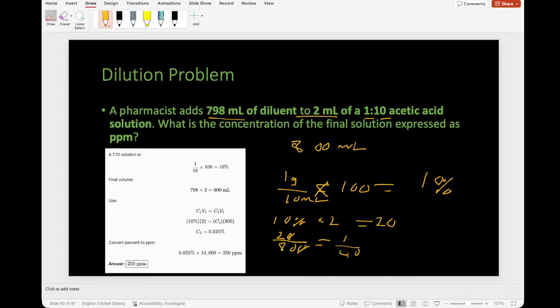So that's going to be your 1 over 40, which represents your percent there. That is 1 gram per 40 mLs in this case, multiplied by 1,000 milligrams per 1 gram.